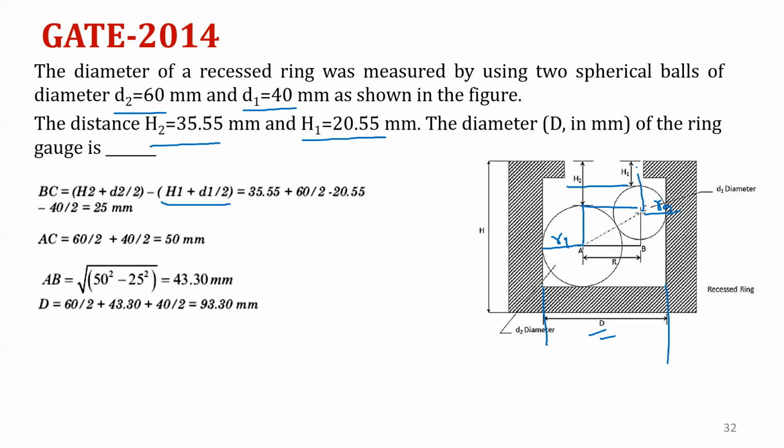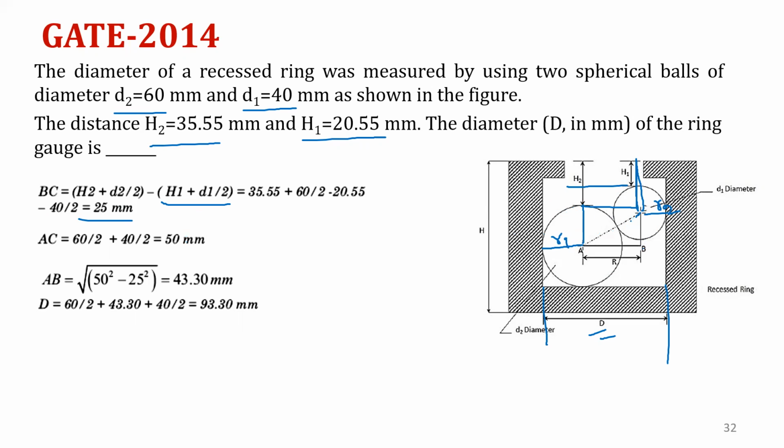So BC is equal to H2 plus D by 2 minus H1 plus D by 2. That value is 25 mm.